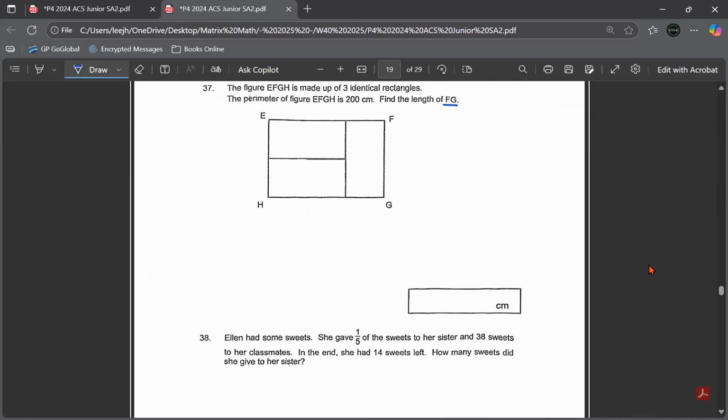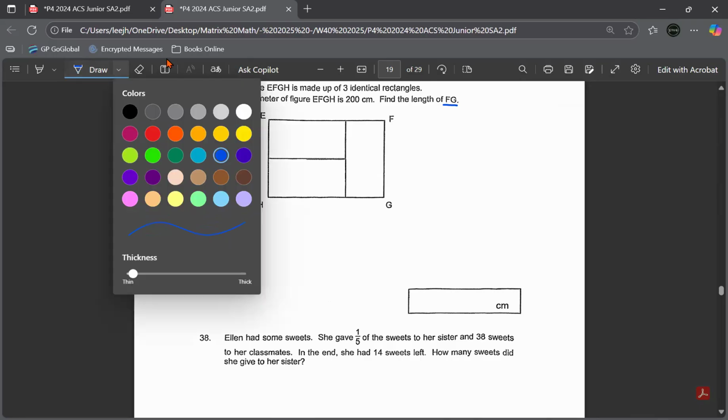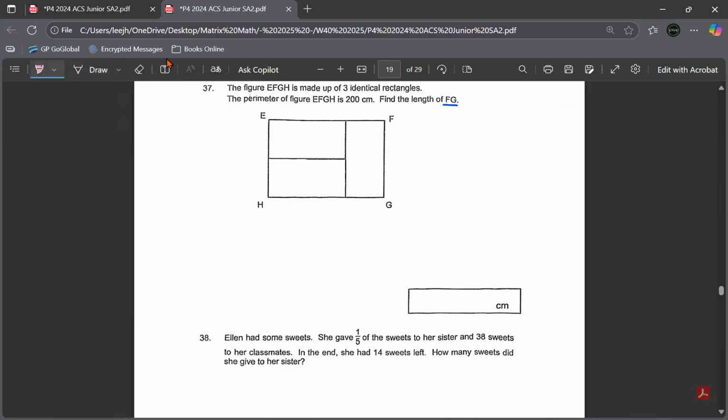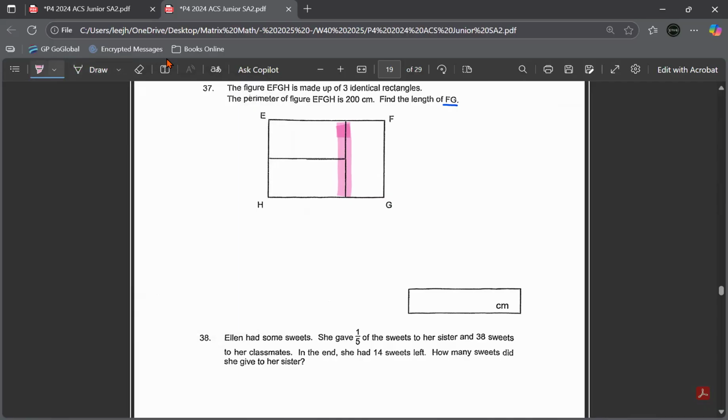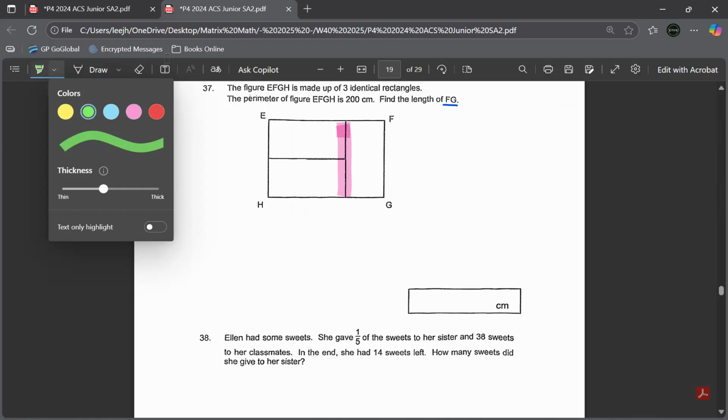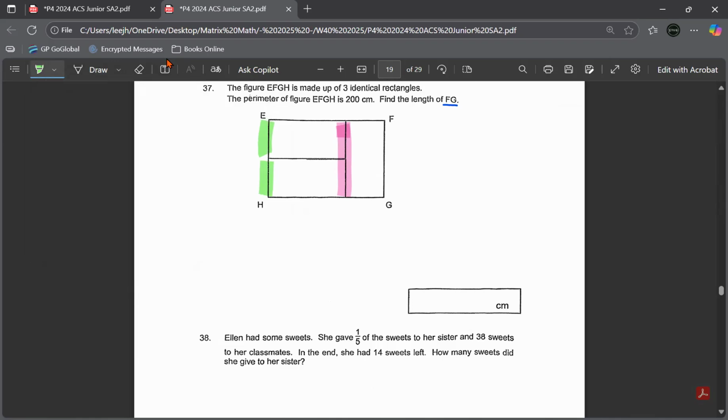If you can see, this is a rectangle here, but these two are laid down flat. So you can see that the length of this rectangle is actually equal to two breadths of the rectangle. Then down here, it's equal to one.